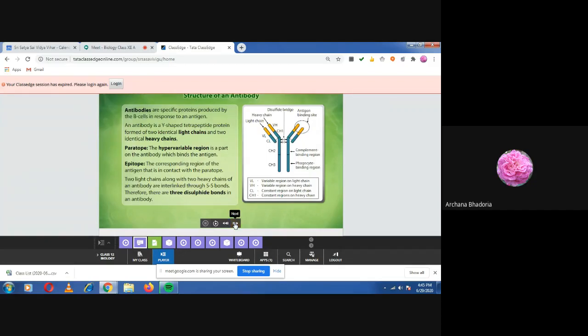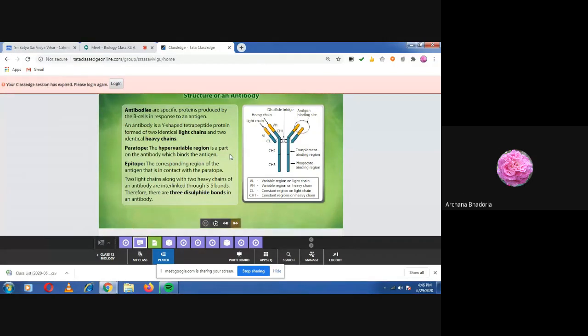So now we'll start with the, put the subheading in your notebook: structure of an antibody. So the antibodies, you write down that they are produced by the B cells in response to an antigen.